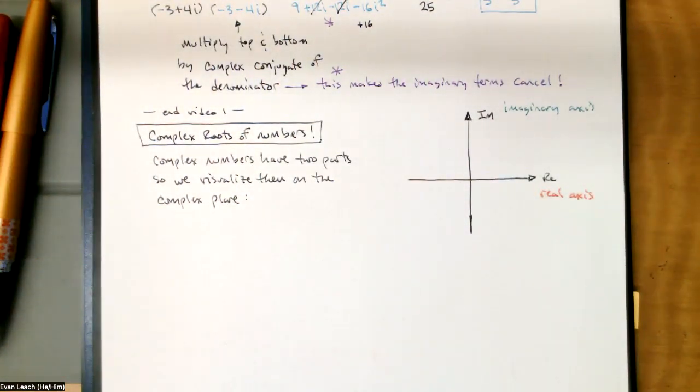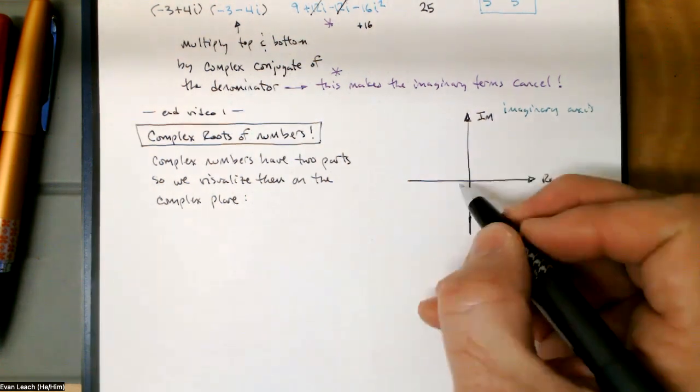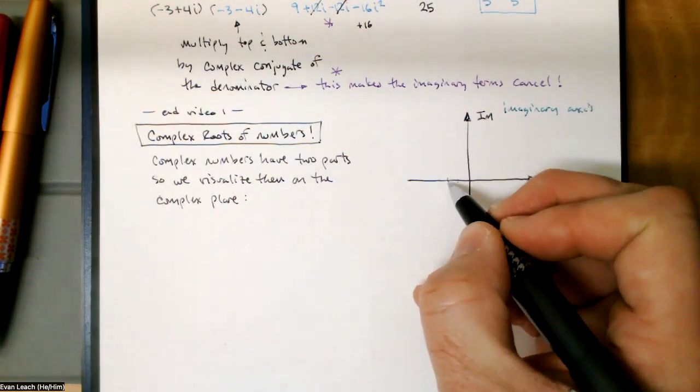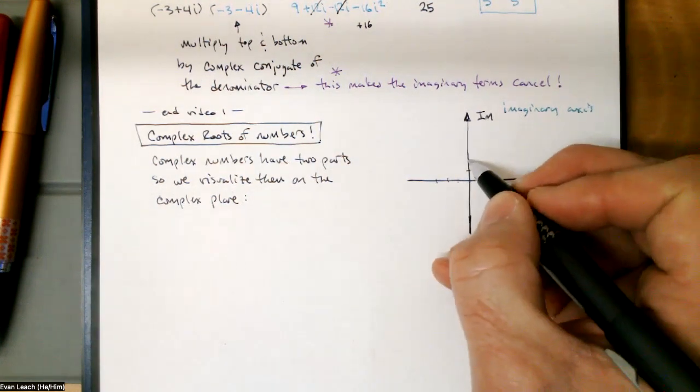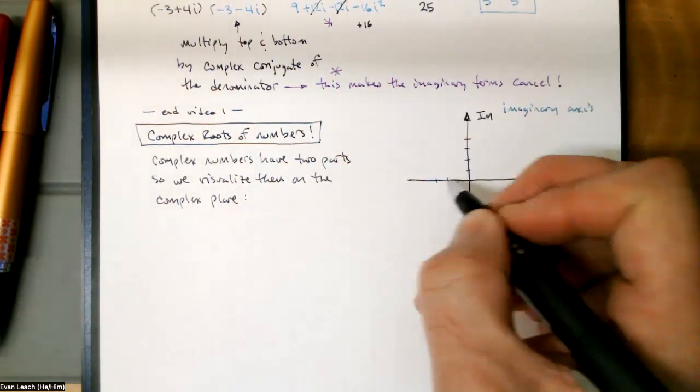So the number -3 plus 4i will have a -3 on the real axis and a plus 4i on the imaginary axis.